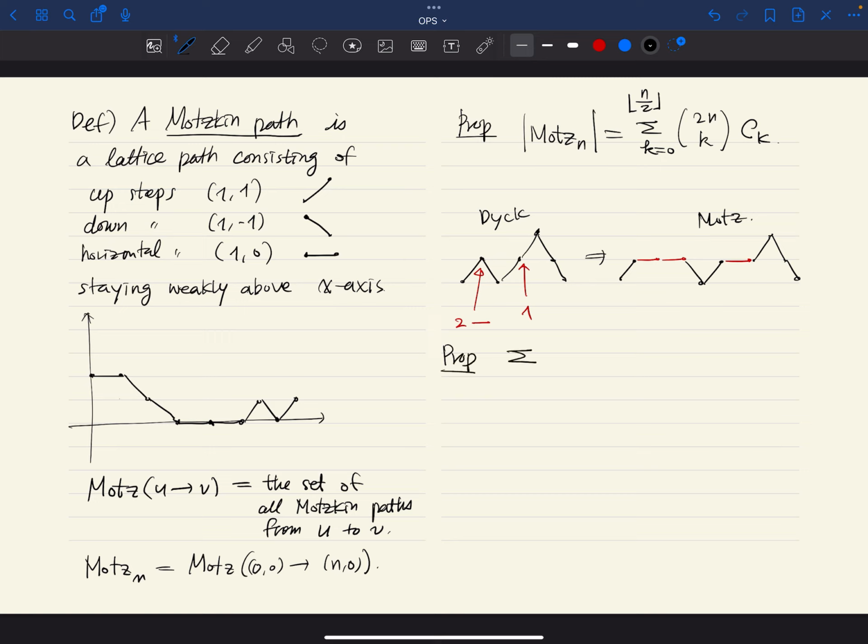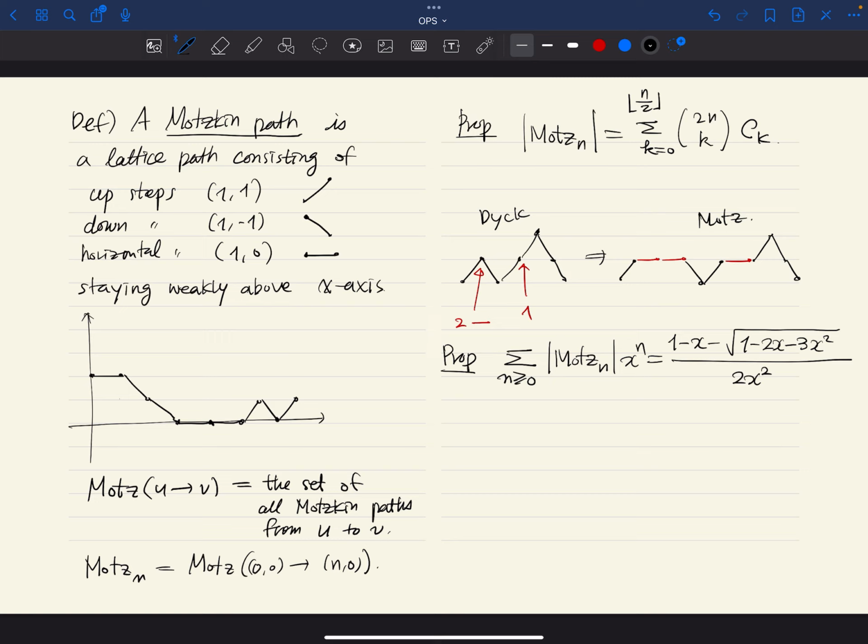The sum over n greater than or equal to 0 of the number of Motzkin paths times x to the n is equal to (1 minus x minus the square root of 1 minus 2x minus 3x squared) over 2x squared.